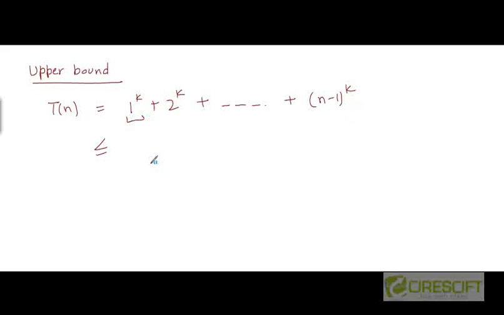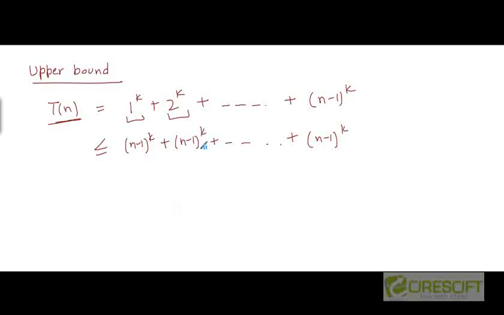So let's actually modify this series to make it something larger. So let's replace 1 to the power k by n minus 1 to the power k. Let's replace 2 to the power k by n minus 1 to the power k. That is, let's take the last term and assume that every term in the series was as large as the last term. By doing so, we would be getting an upper bound on the original series.